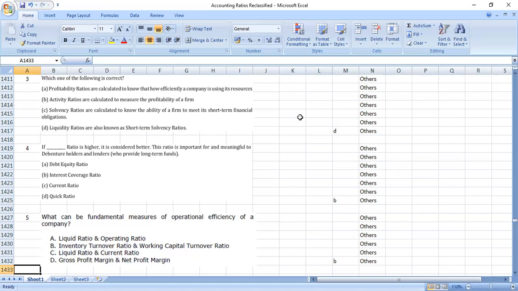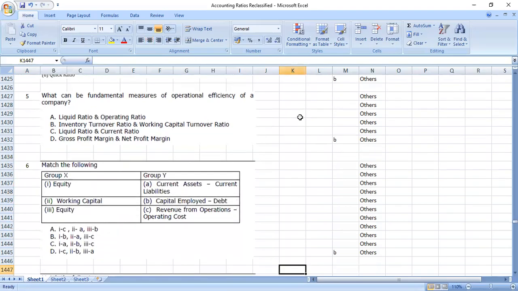Current ratio, quick ratio: debt lenders don't care about them. But B, interest coverage ratio. Interest coverage ratio talks about the number of times the profit is available to cover the interest payments. So interest payment goes to debt lenders and debenture holders. So interest coverage ratio is the correct answer for this question.